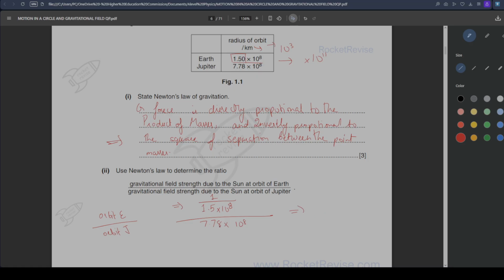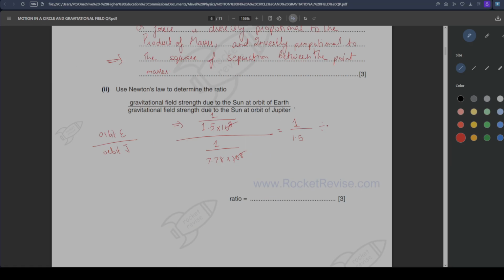So this is gonna be, अच्छा हाँ नीचे भी, 1 divided by 7.78 into 10 power 8. अब इससे हो क्या रहा है कि if you write it like this, ये reciprocal हो जाएगा. 1 divided by 1.5 into 10 power 8, ये दोनों cancel हो रहे हैं. ठीक है, all we're left with is 1.5 and 7.78. तो if you look at it like this now, 1.5 divided by 1 divided by 7.78, इसको reciprocal करेंगे, so it's gonna be multiplying now, तो 7.78 ऊपर आ जाएगा, and हमने बस इनका ratio निकालना है, and that is going to be 7.78 divided by 1.5.